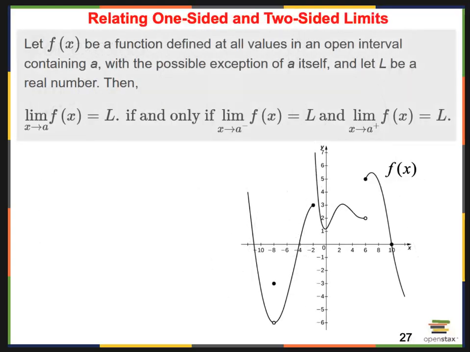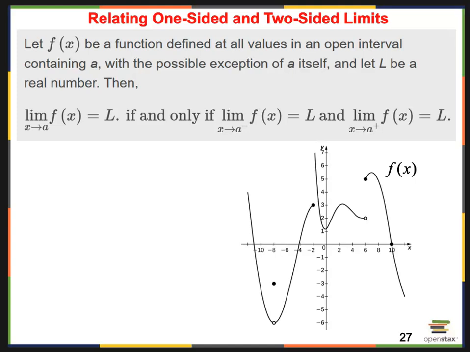All right, let's go a little further. Relating the one-sided and two-sided limits. So let f of x be a function defined at all values in an open interval containing a, with the possible exception of a itself, and let L be a real number.